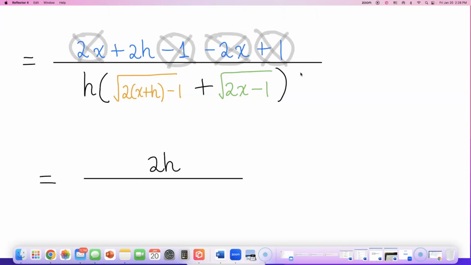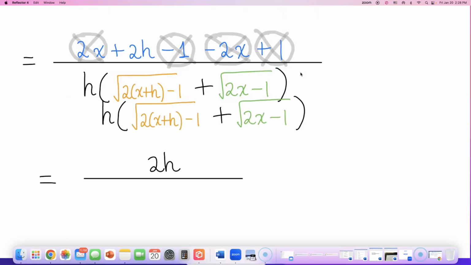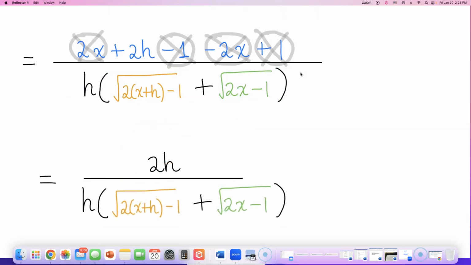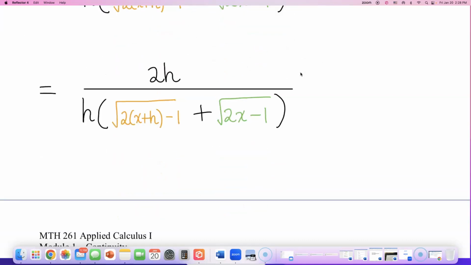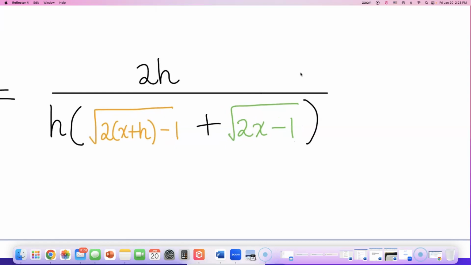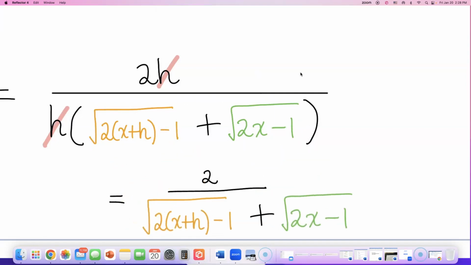And the denominator is still this. Copy this down. But notice that on top of the fraction and in the bottom of the fraction, we both have h. So let's cross out the h this time. H cancels out. And our final answer is 2 over this. Okay? And that is where you can stop.